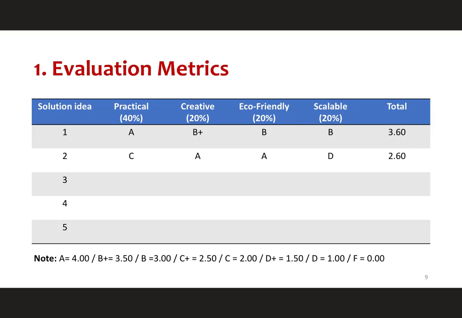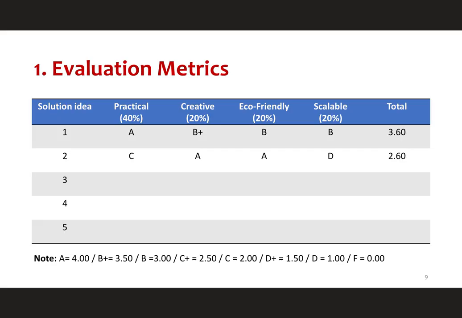In this method, we try to evaluate with a matrix. That means we have the ideas on the left-hand side. You see here that we have idea 1 to idea 5, and each idea we evaluate based on some preset criteria.